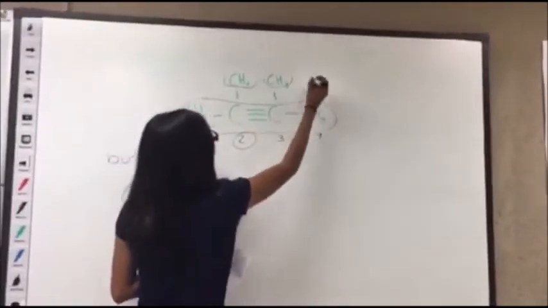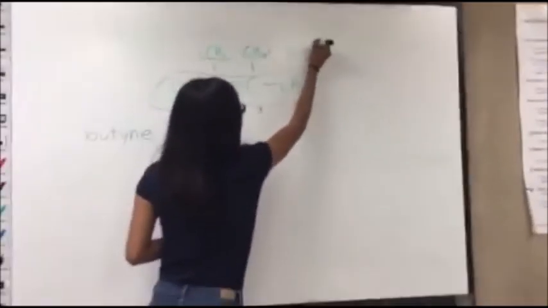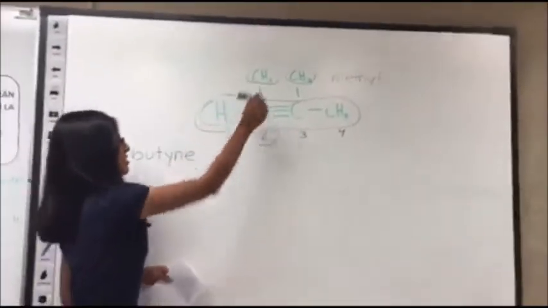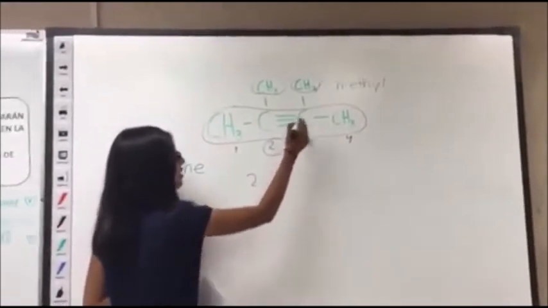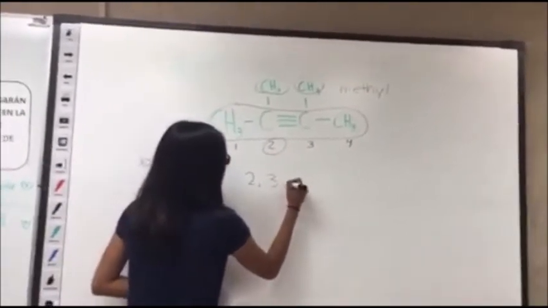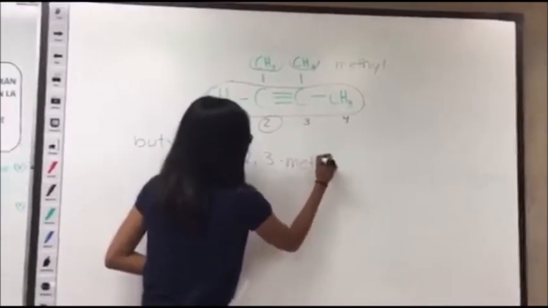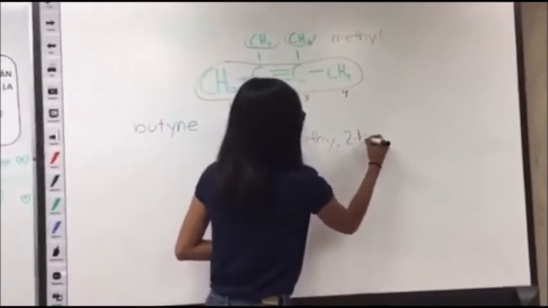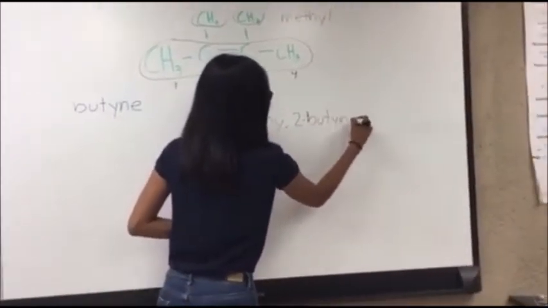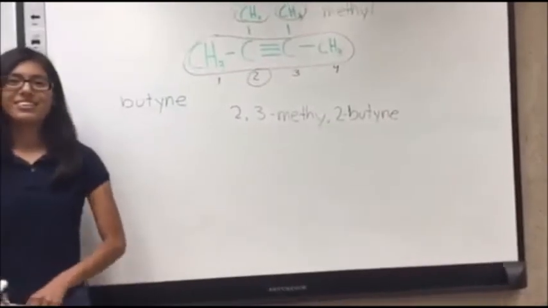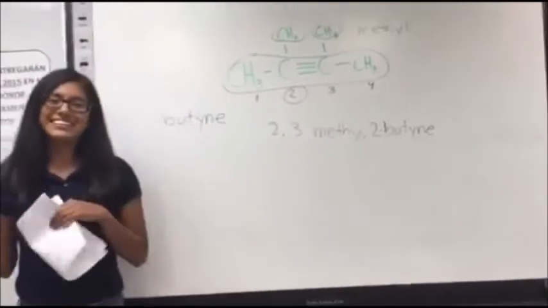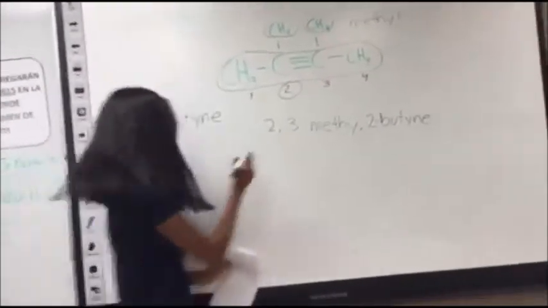We know these ones are called methyl. So we need to put first these ones. 2, 3, methyl, 2. Because we have 2 methyls, we need to put it dimethyl.